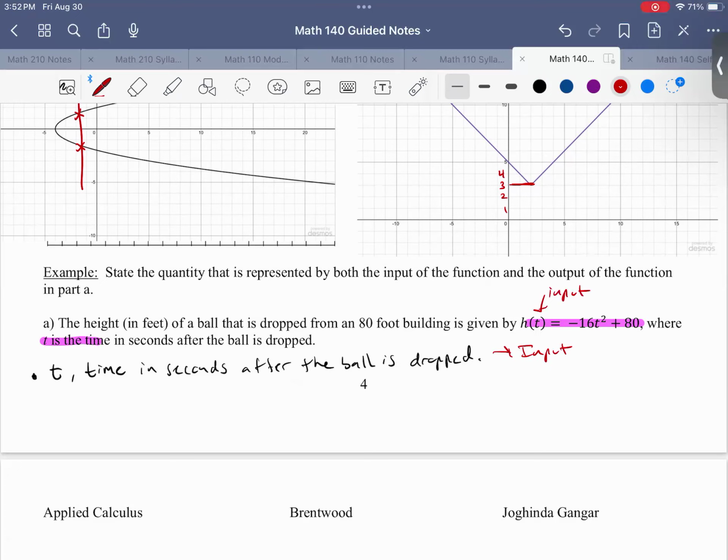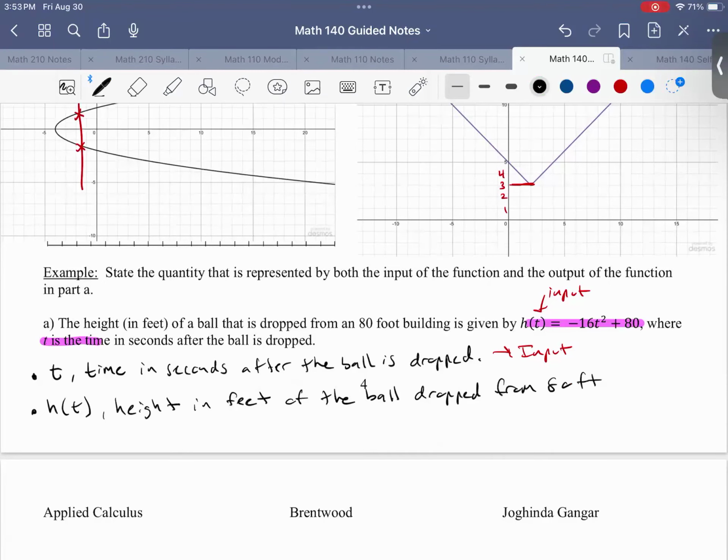And this means that h of t, or h, is height in feet of the ball dropped from an 80-foot building.